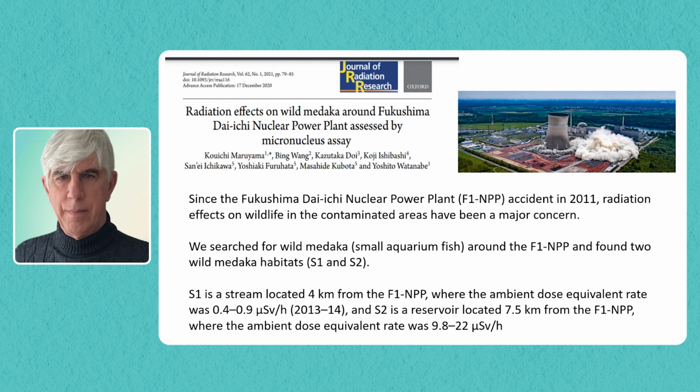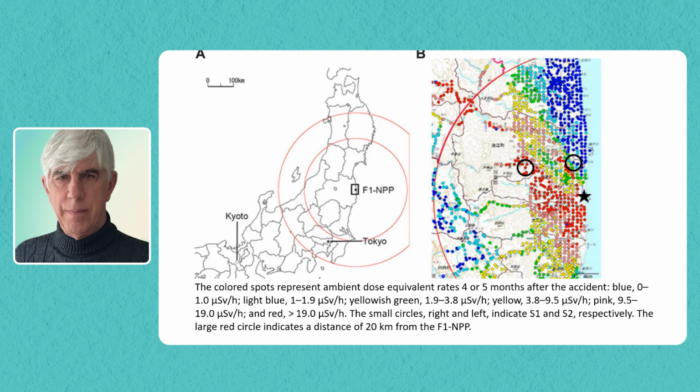One was pretty close to the nuclear power plant, and the ambient dose equivalent rate, expressed in microsievert per hour, is low. The other is located in a different direction from the plant, and the microsievert per hour was maybe 10 times higher. So it was a good condition, because there were two reservoirs of the same type of fish, and so they did the analysis.